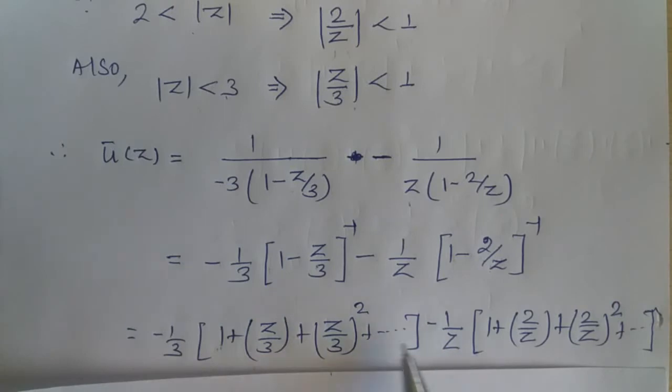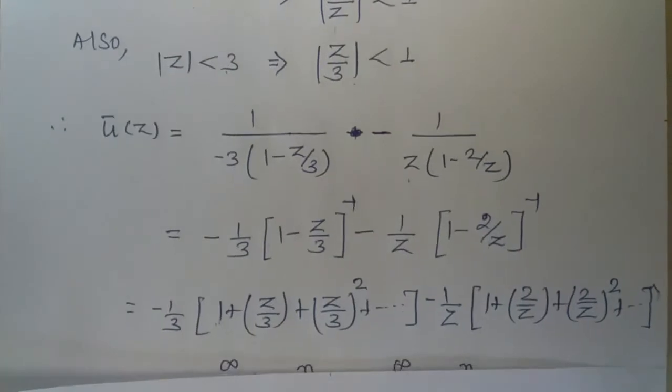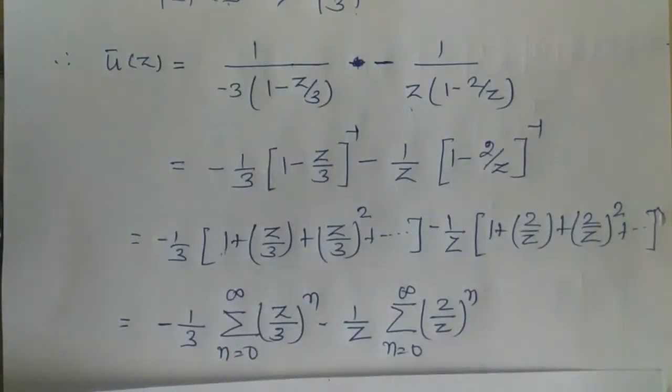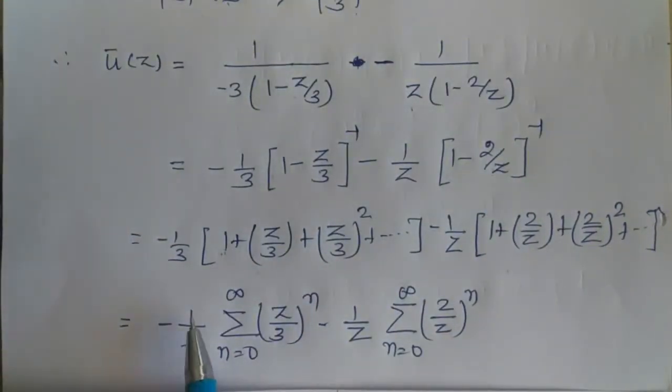Now we try to express these two in form of summation. So this is what? Z by 3 whole power 0. This is Z by 3 whole power 1. This is Z by 3 whole square and so on. So we write minus 1 by 3 constant as it is, summation n goes from 0 to infinite Z by 3 whole power n. So for n equal to 0 we get 1.